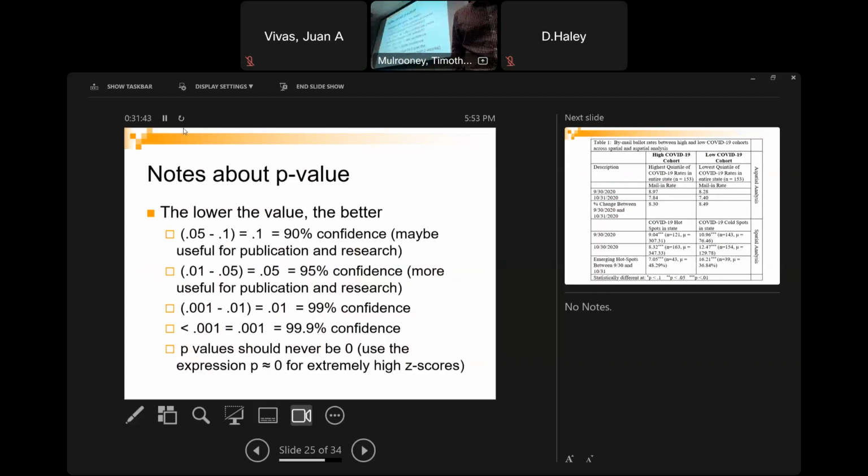Because remember in geostats, we would get these cluster patterns, and they would be like p equals 0.00000000, like 23, and that's really small, but we're never going to say 0. We're never going to say it's clustered. We're going to say there's a very, very high likelihood it's clustered. Very high likelihood they're statistically different. So we can use numbers like this.